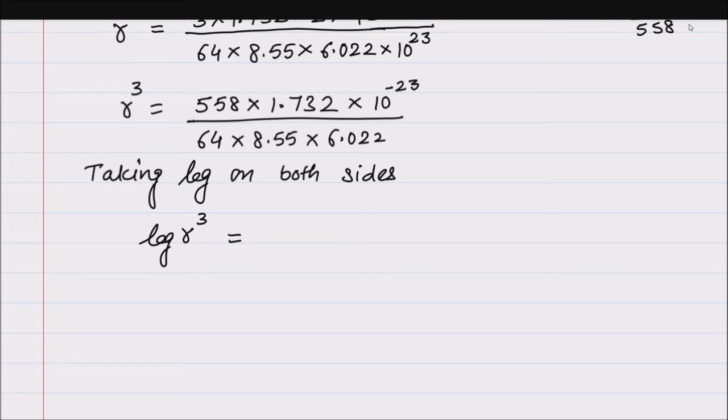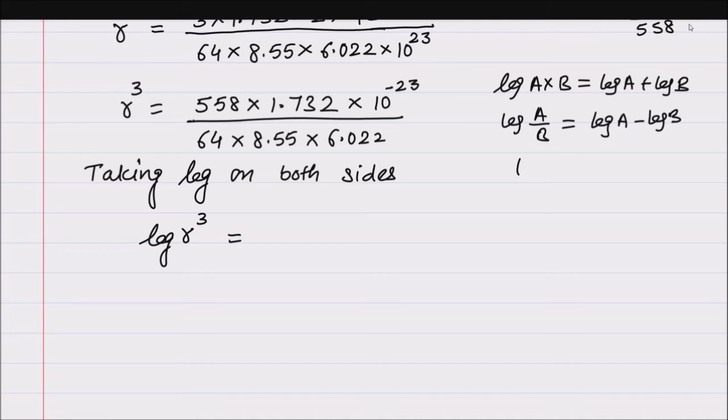You know log A into B is log A plus log B, right? And log A over B is equal to log A minus log B, and log A raised to power n is n log A. Okay, and log 10 is 1.